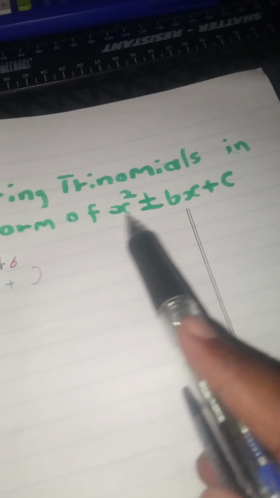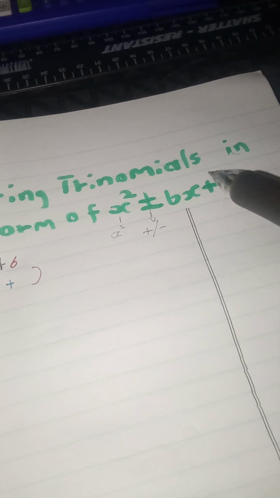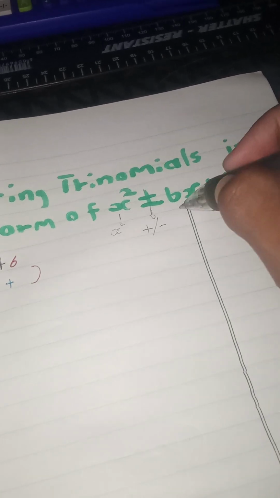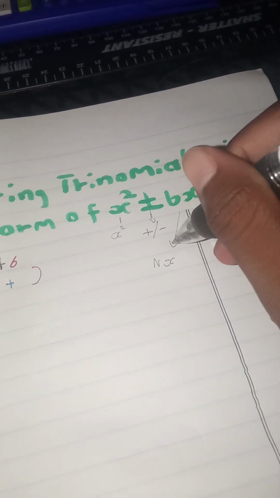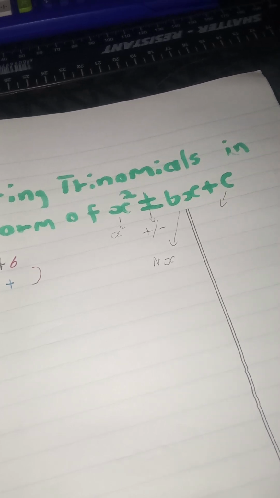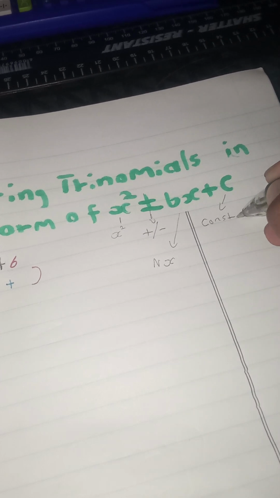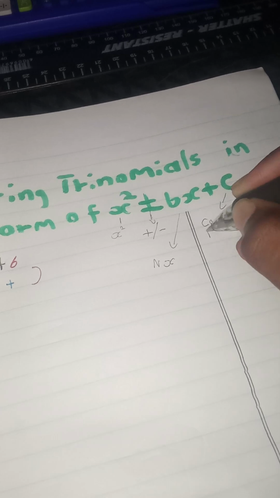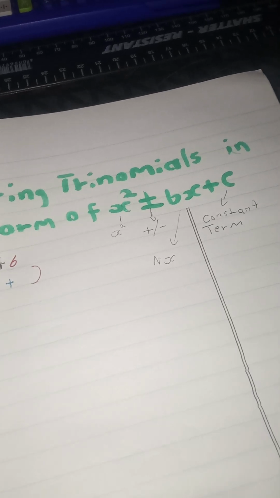This is the x squared, and this means plus or minus, and bx is the term in which you'll find a number and a variable. c is the constant term, as you can see.